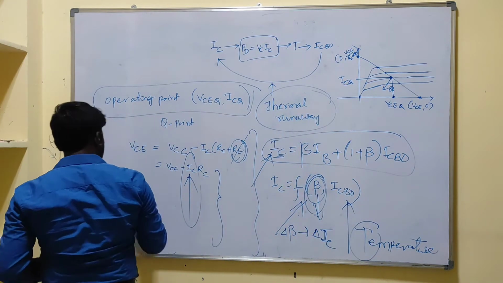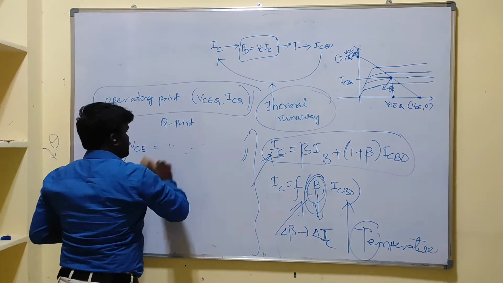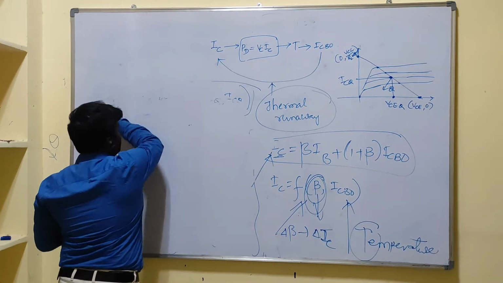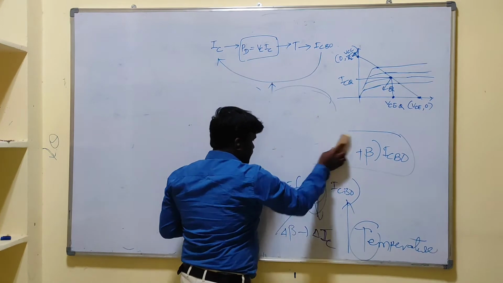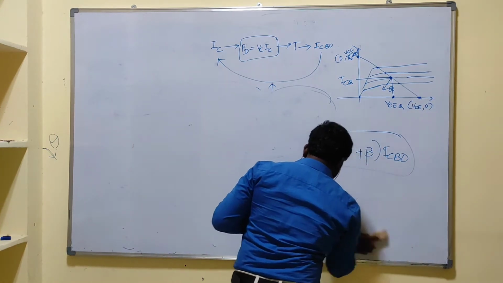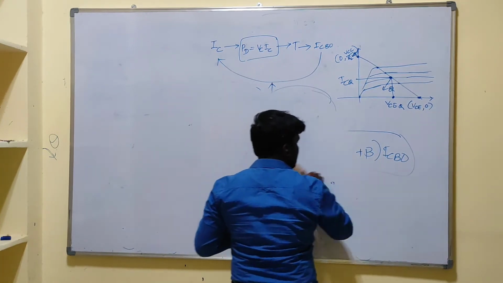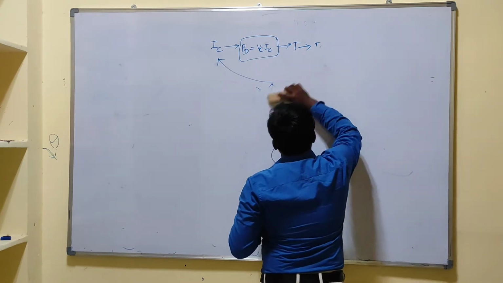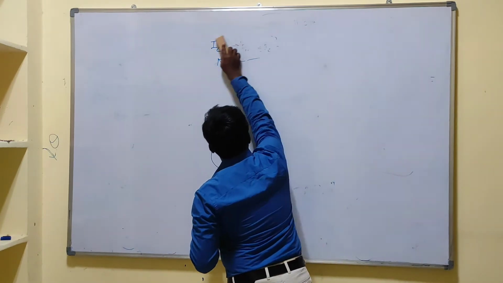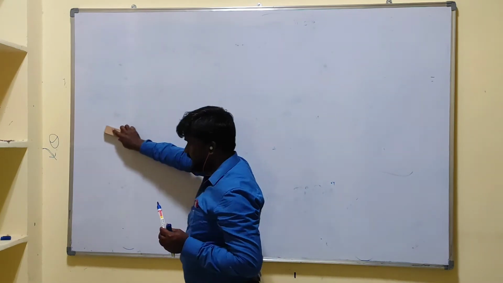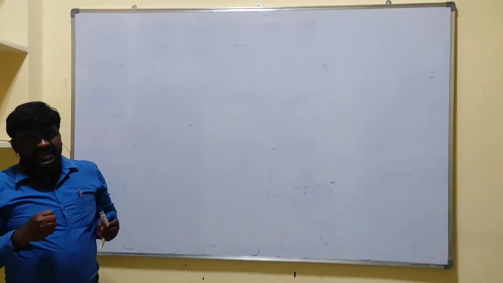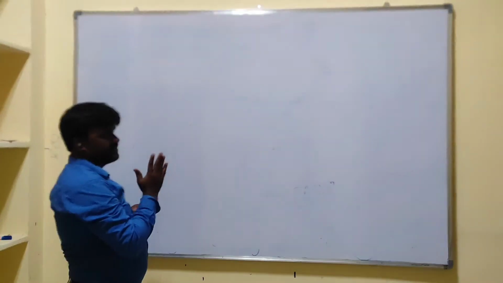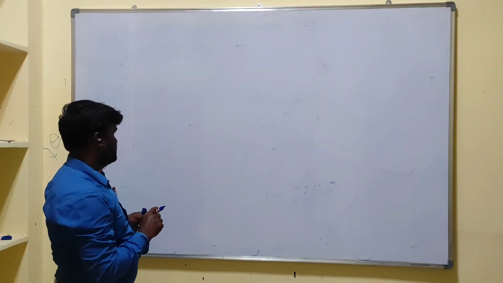First we will discuss the biasing circuit. One of the simplest biasing circuits is the fixed bias circuit. What I said, biasing means what? To get a proper operating point, we need to give external voltages and resistors that are connected to our transistor.